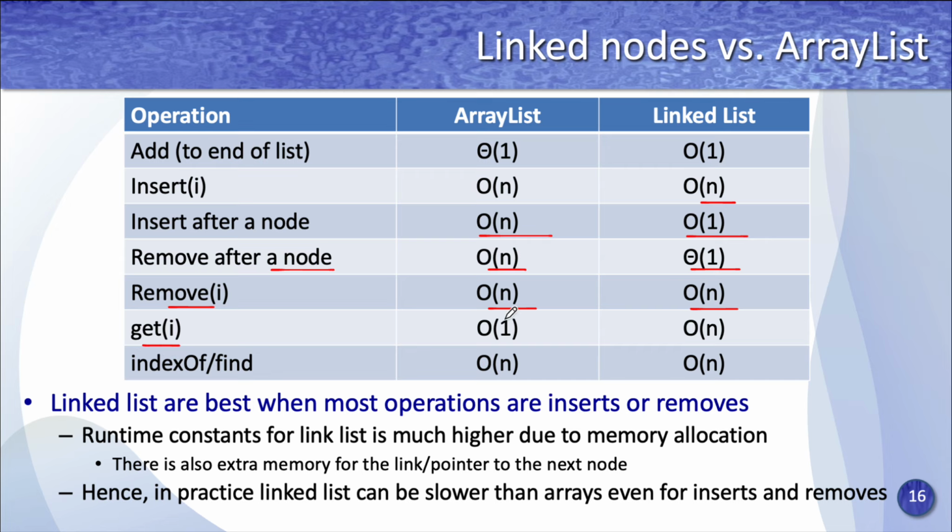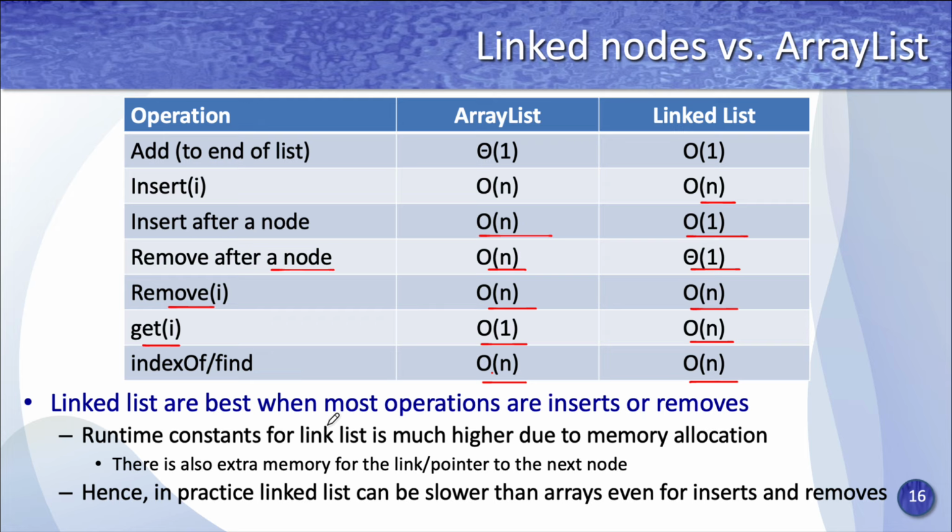Getting the ith element: notice that for the array list it's big O of 1, so access is very fast. But with the linked list, you'll have to traverse the list in order to get that information. Index of or find methods are both big O of n because you have to linearly search the array or linearly search the linked list.